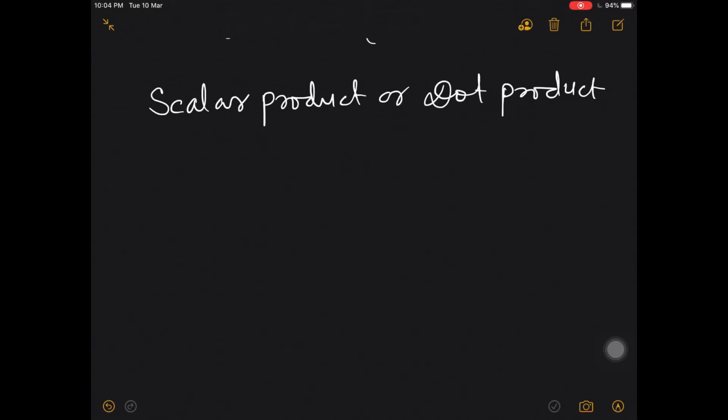Say I have two vectors A and B and I want to calculate this dot product. I will simply write A dot B. So this was my vector A, and say this is my vector B, and the angle in between is, say, theta.